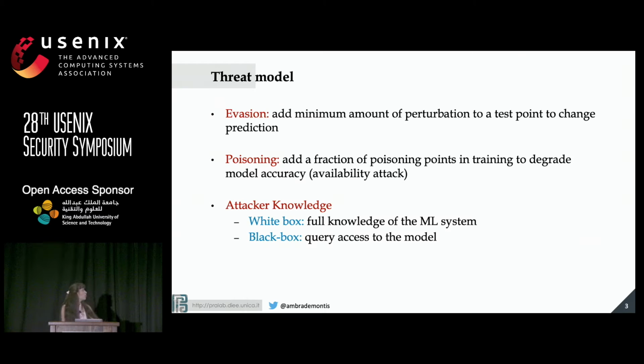In our work, we consider both evasion and poisoning attacks, and we consider two different levels of knowledge of the attacker.